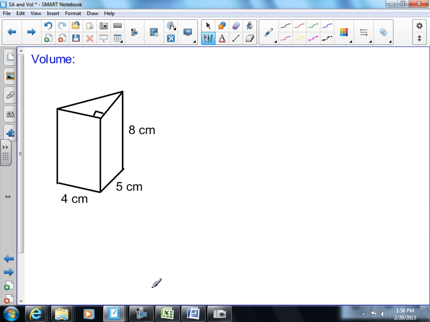Okay, the next one will be the volume of a triangular prism. The area of the base times the height. This time the base is in the shape of a triangle. So I'm finding the area of your triangle times your height. To find the area of the triangle, we need to take the base times your height of the triangle, divided by 2.